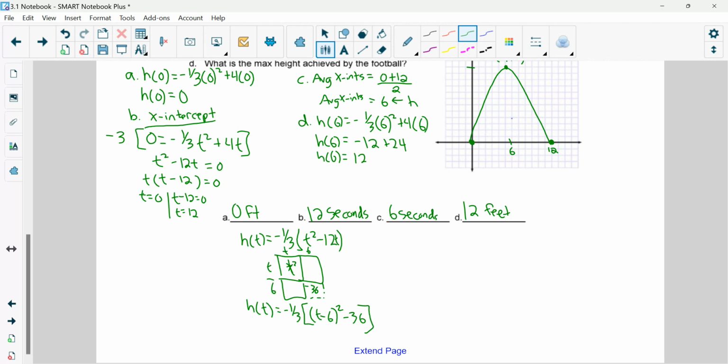And when we distribute that negative 1/3 through, we get negative 1/3 times t minus 6 quantity squared, and then this would become negative 1/3 times negative 36, which would become positive 12. So again, we get the same vertex, 6, 12. I just thought it'd be easier in this case, since I had the x-intercepts, to average them. So again, there are a lot of ways you could do these problems.